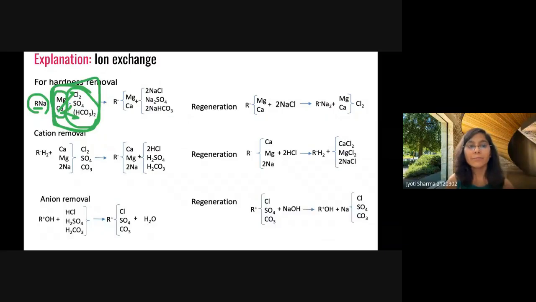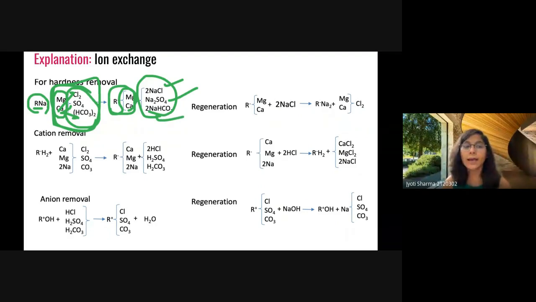Whenever this meets the resin, the calcium and magnesium will be attached to the resin, and the sodium will be in your water. This is how we are removing calcium and magnesium from your water. The sodium chloride, sodium sulfate, and sodium bicarbonate in your water are not as harmful as the hardness that calcium and magnesium cause, right? So this is how we can use ion exchange.